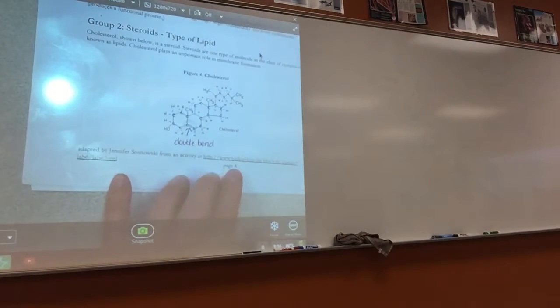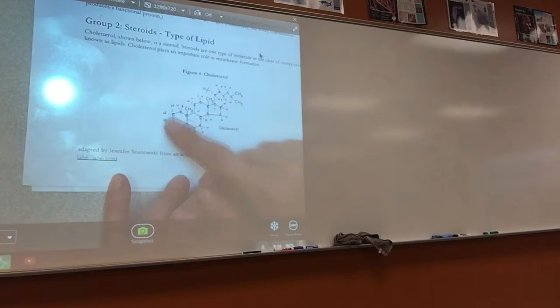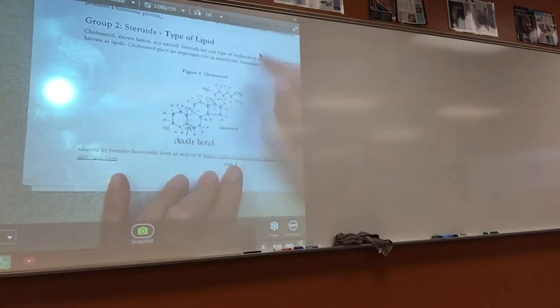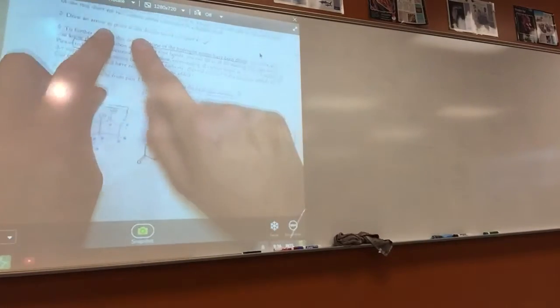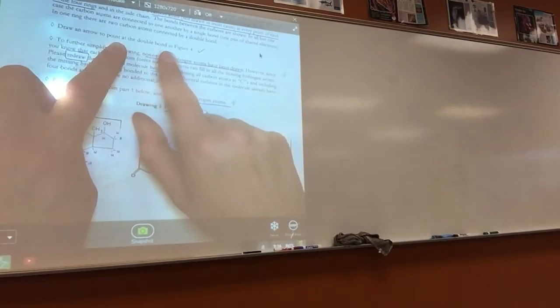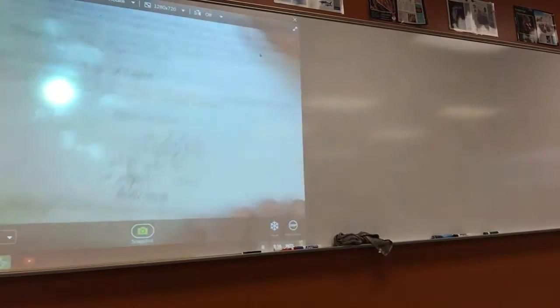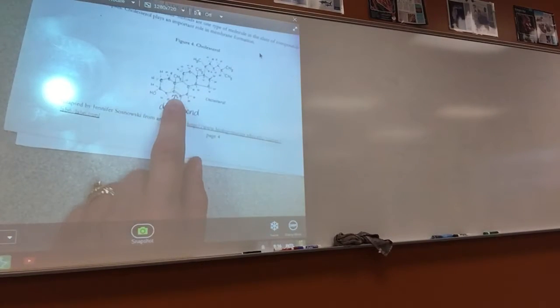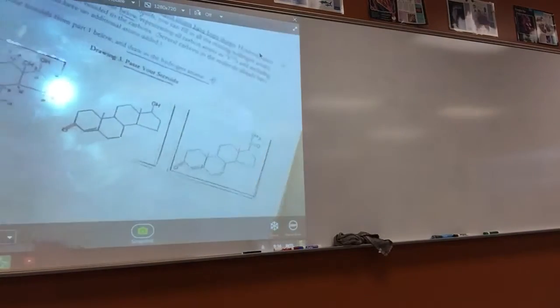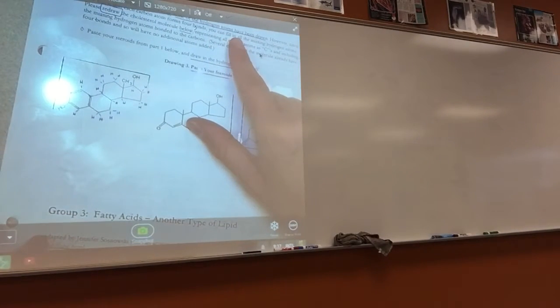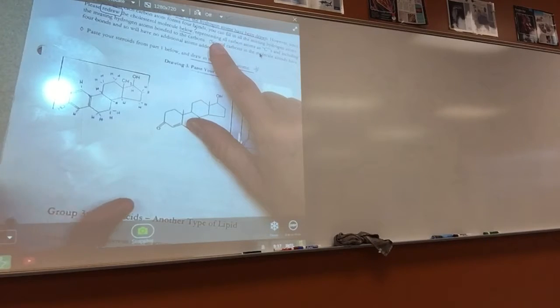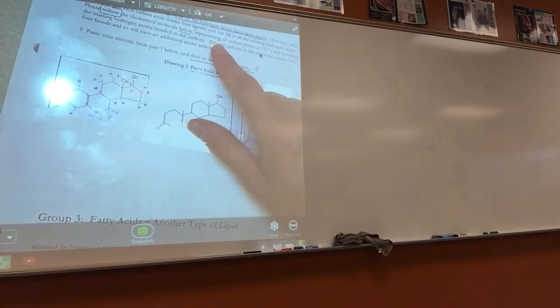All right, group 2 and 3 were about lipids. Group 2 is steroids. So this is cholesterol, and over on this side it asks you to draw an arrow to point at the double bond. So right here is the double bond. Then it notes that none of the hydrogen atoms have been drawn, so you can fill in the missing hydrogen atoms.